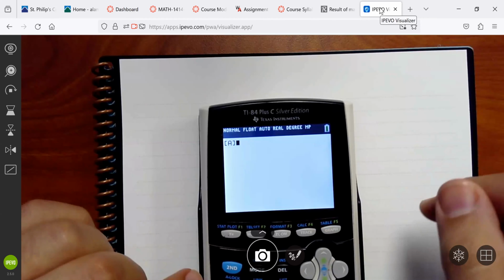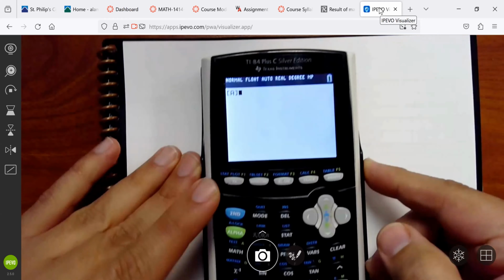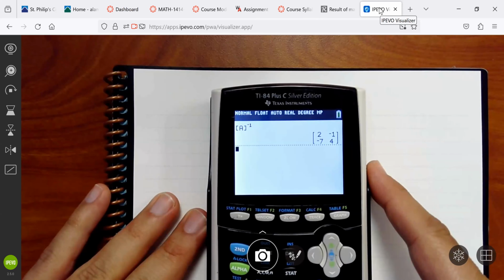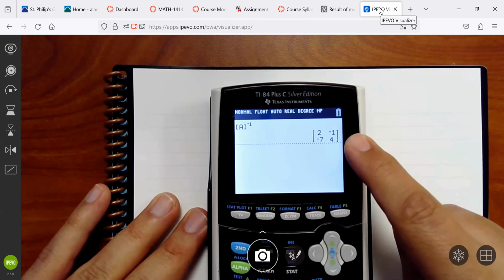So input A, call it out, and then just press the inverse button. It should find it for you. So this is A inverse.